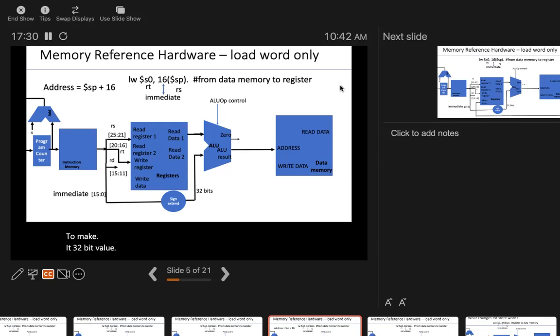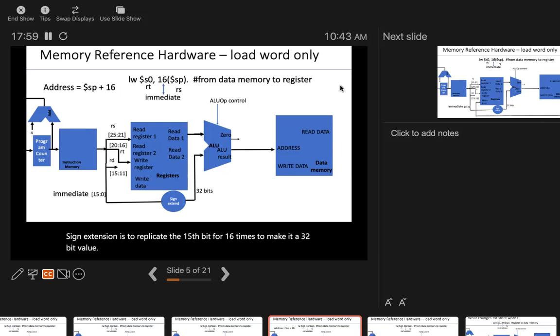That's what sign extension is. Sign extension is very different from what is called zero padding. I'll talk about zero padding later. Sign extension is to replicate the 15th bit for 16 times to make it a 32-bit value.